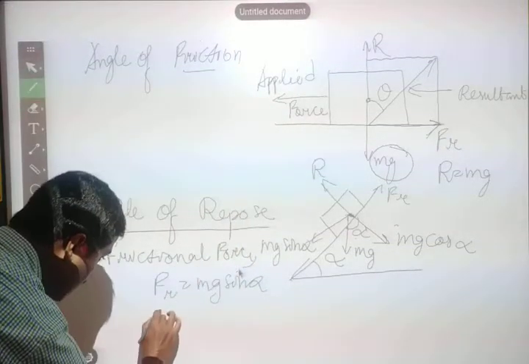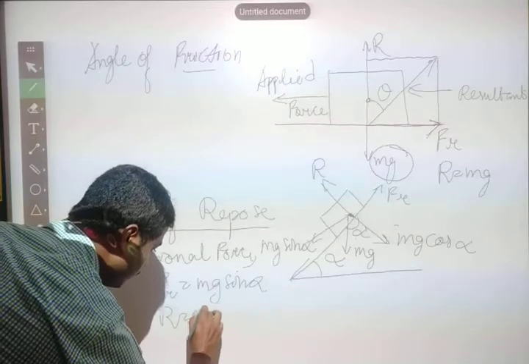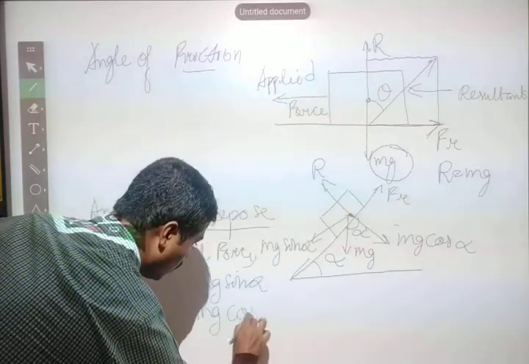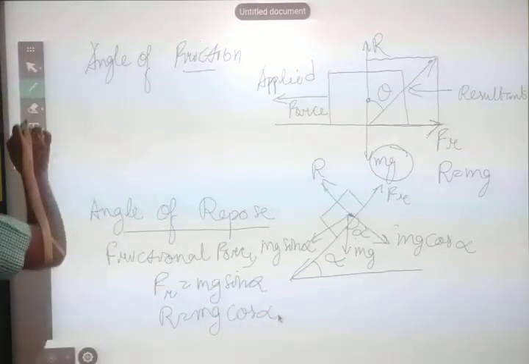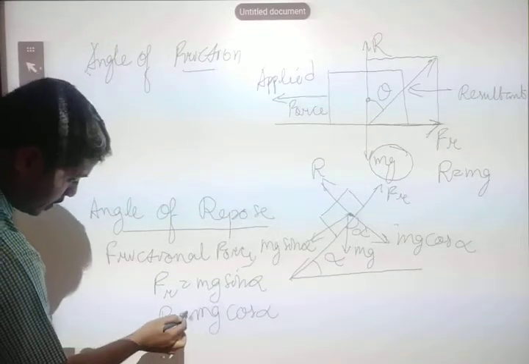Similarly, I can write R is equal to mg cos alpha.